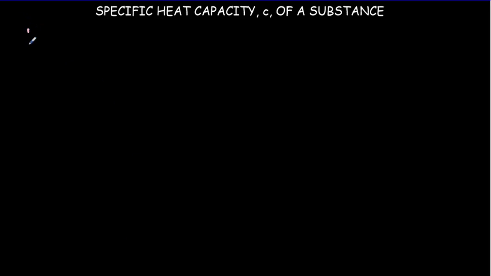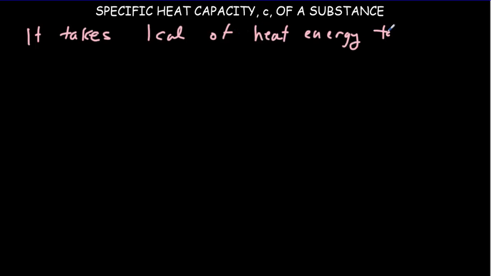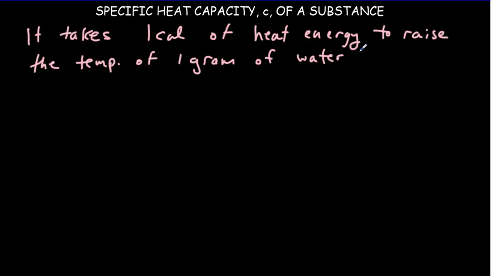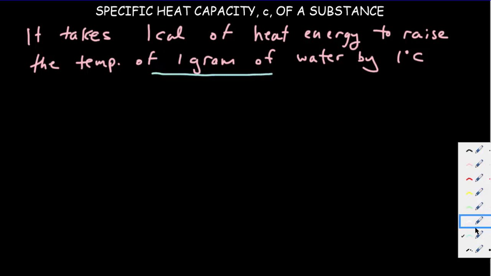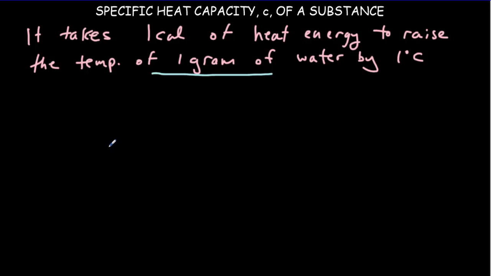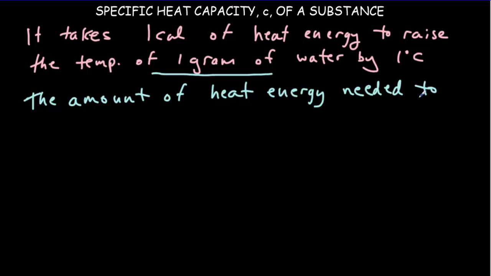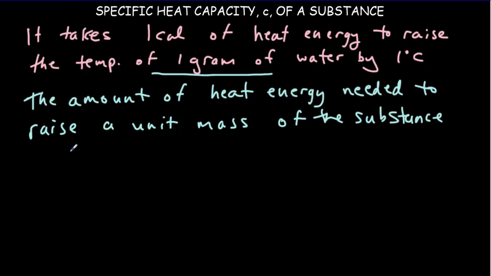So we just said that it takes 1 calorie of heat energy to raise the temperature of 1 gram of water by 1 degree Celsius. And this is really the specific heat capacity of water. If we were to generally define specific heat capacity for any substance, we would say that it's the amount of heat energy needed to raise a unit mass of the substance by 1 degree.